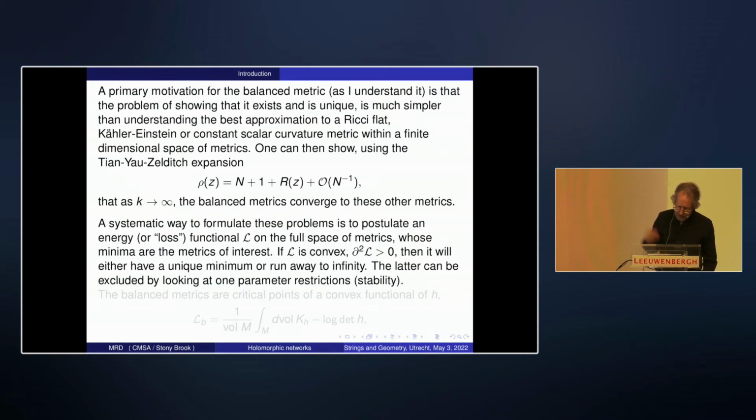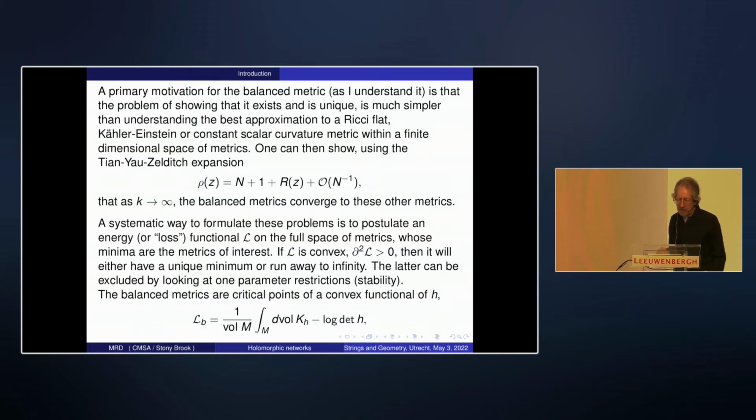So, okay, let me then say, why was Donaldson interested in this? The main reason is that this is actually a very nice problem in the sense that it's convex, right? Whenever you have nonlinear equations, it's very likely that there are either lots of solutions or no solutions, and the landscape of solutions is very complicated.